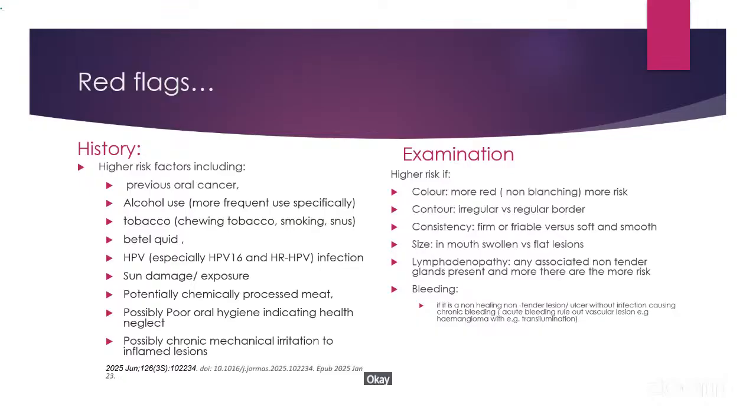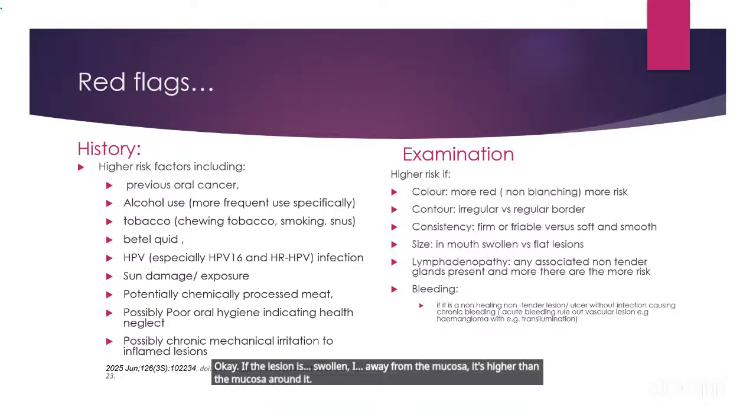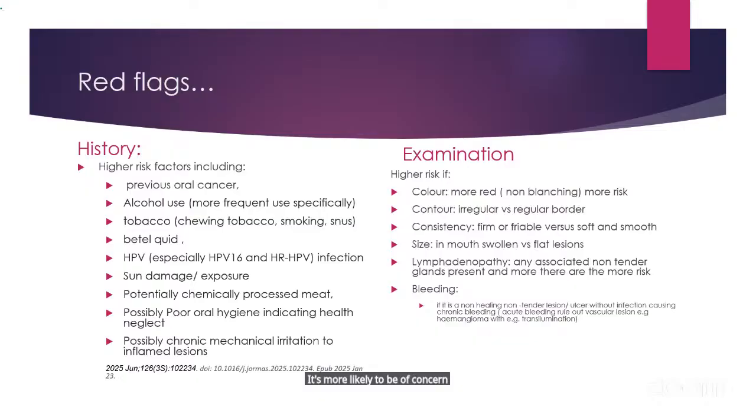Okay. If the lesion is swollen, i.e. away from the mucosa, it's higher than the mucosa around it, it's more likely to be of concern than if it is flat. Okay.